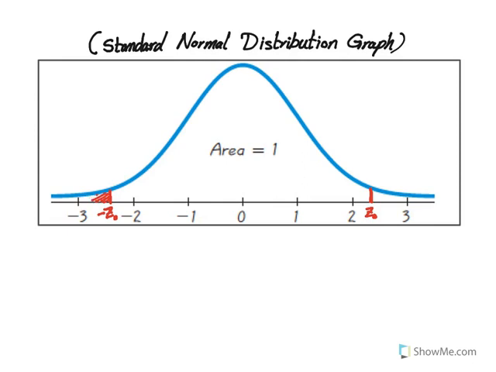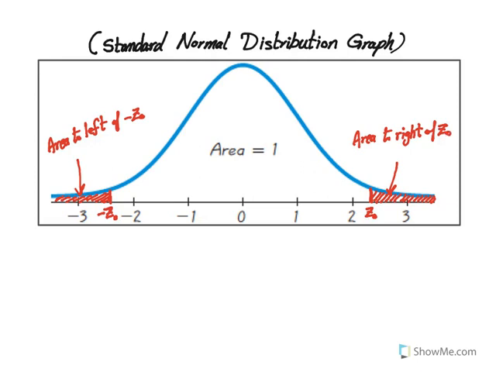The area below negative Z0 here, this is the area to the left of negative Z0, and the area here to the right of positive Z0, just write that this is the same as the area to the right of Z0.